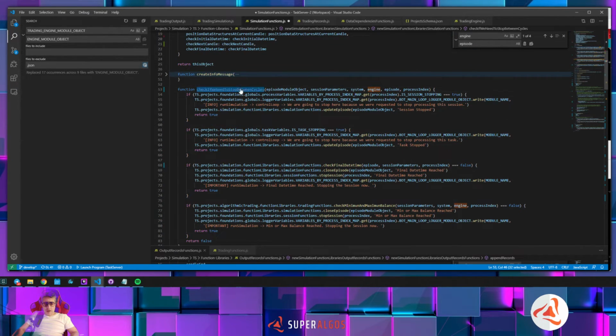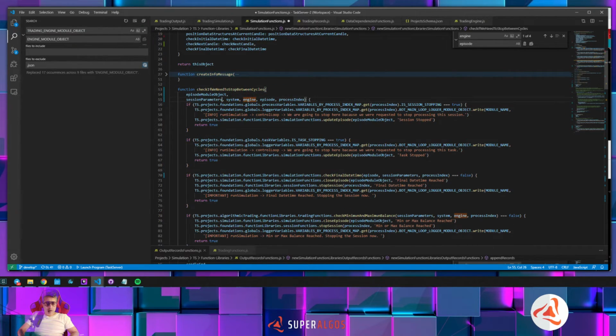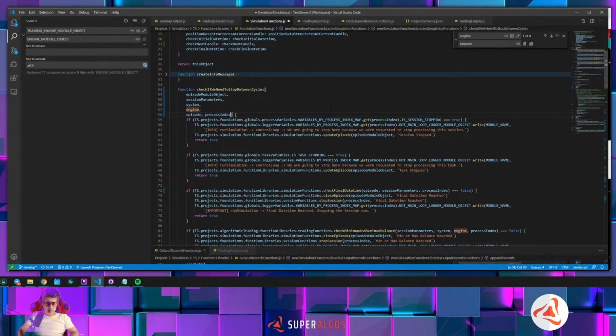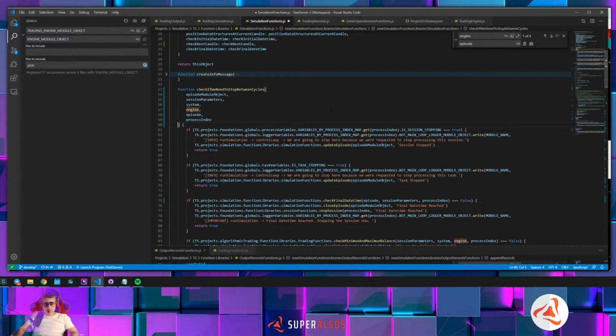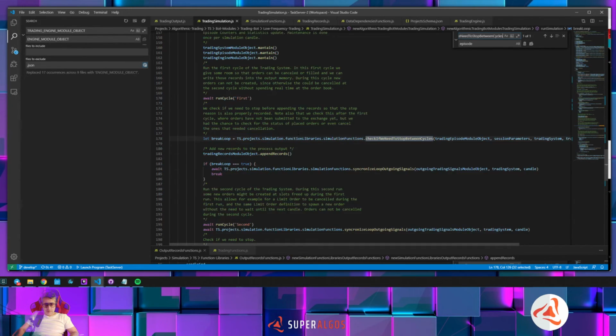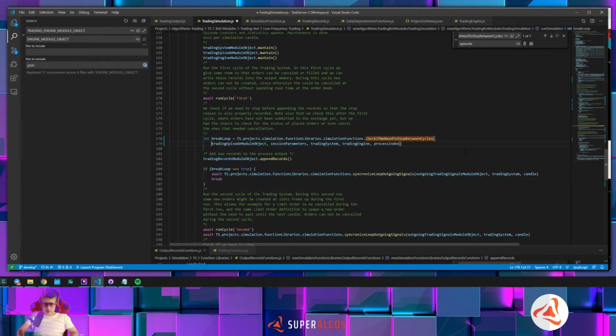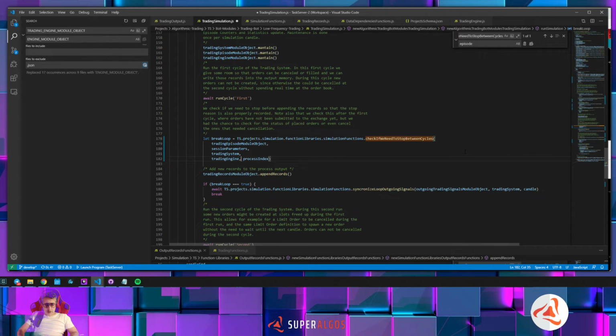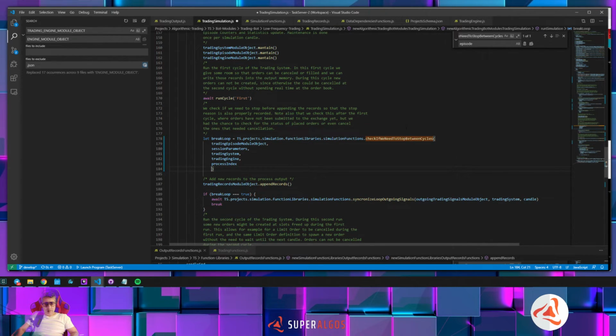So we will have to locate this function.